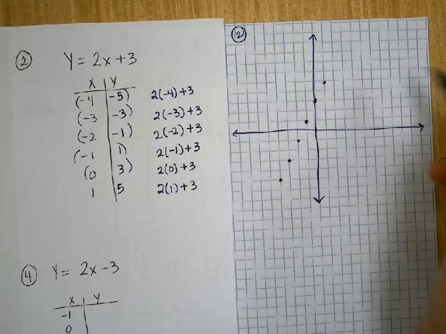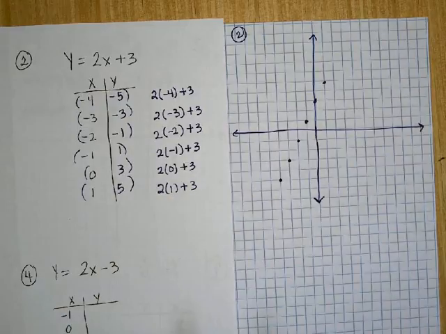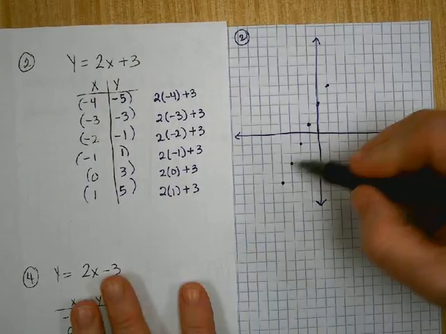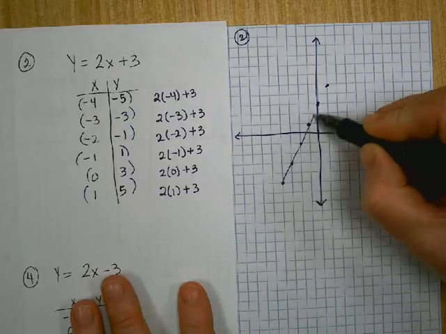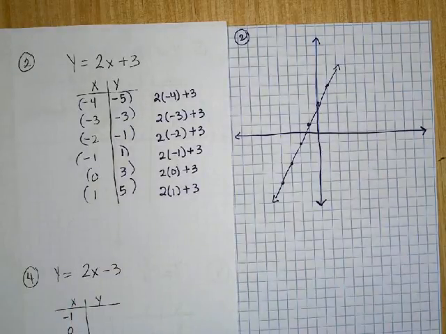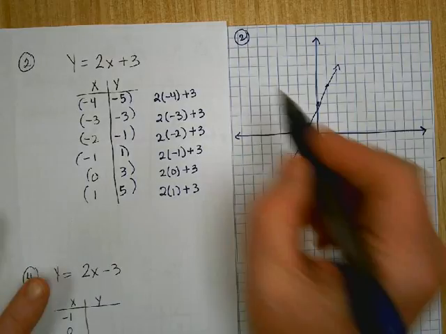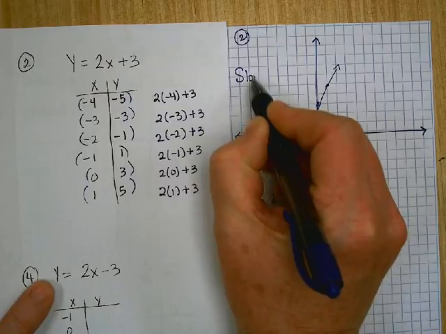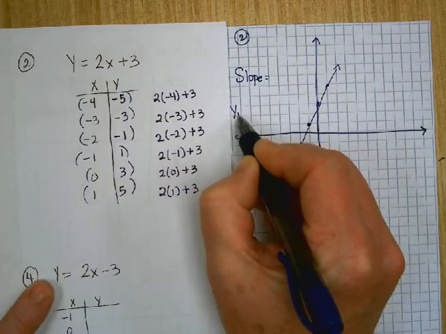And 1, 5. Connect. I want you to tell me the same two pieces of information. What is the slope and what is the y-intercept?